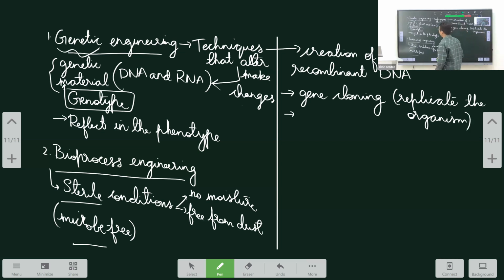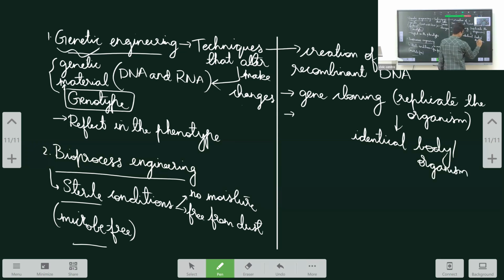From the initial parent organism, if you need an identical one, this replication will ensure that an identical body or an identical organism has been formed. Such is gene cloning.